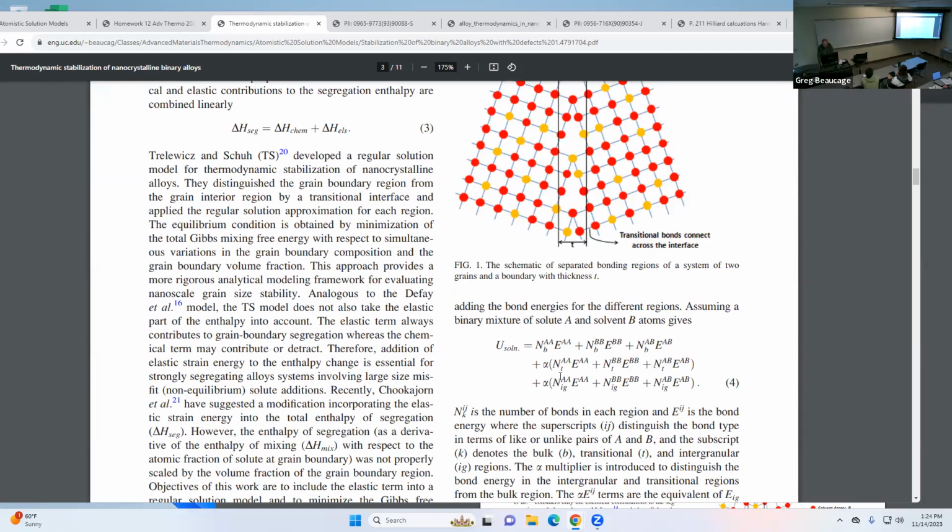Let's see, no. The grain size for the Gibbs-Thompson is going to be sigma over delta H. So sigma is the surface energy, right? Alpha EAA is basically a surface energy, and EAA is an enthalpy, a bulk enthalpy. And by the Gibbs-Thompson, surface over bulk gives you the size.